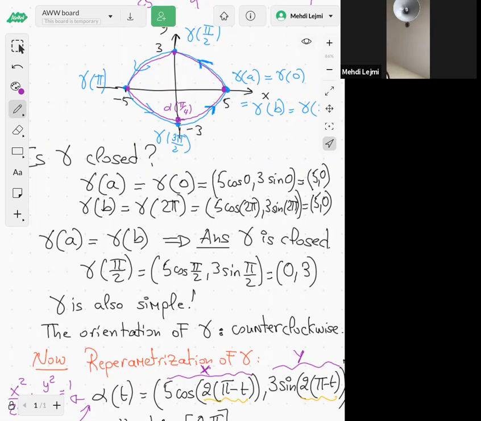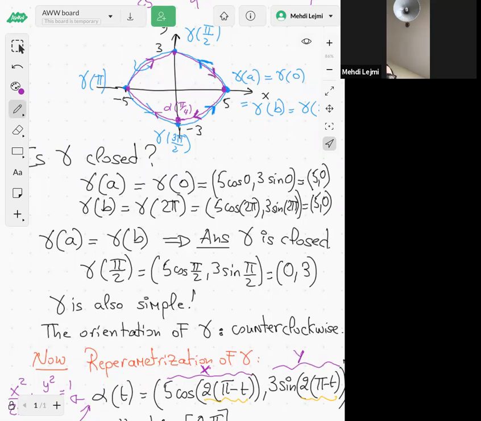So alpha and gamma represent the same curve, but the orientations are opposite. Alpha goes clockwise: it goes from this point, you go there, you go here, and then you go here.